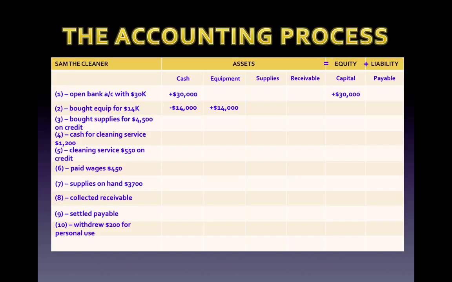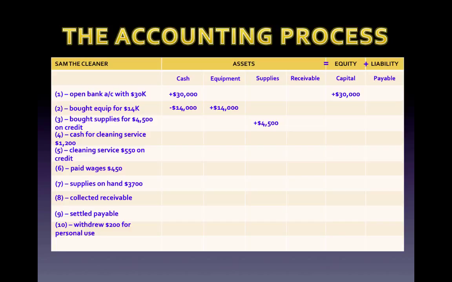The third transaction is that Sam bought, not with cash, in this case on credit, supplies of $4,500. So the supplies would have increased by $4,500. Supplies are assets. You can use them to generate profits in the future.